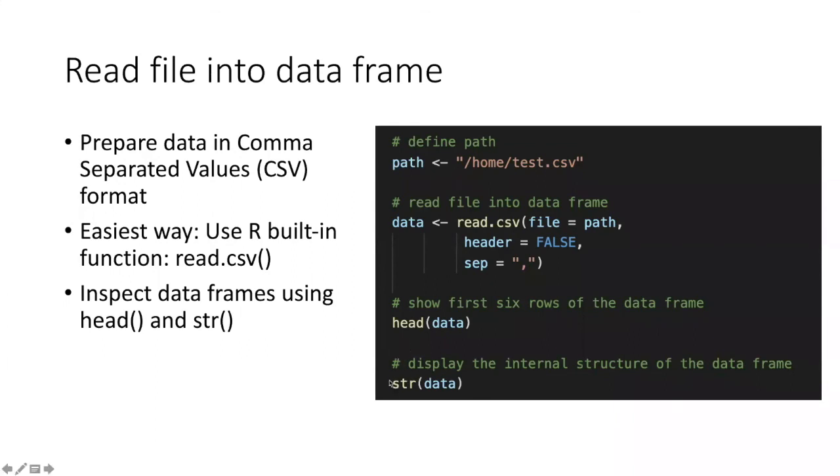You can also use the str function to display the internal structure of the data frame. Definitely try this out if you want. It will show you what kind of columns are in this data frame, and also what data type each column is. So some columns may be numeric, and some columns may be character. This is going to be important moving along for complex data analyses.